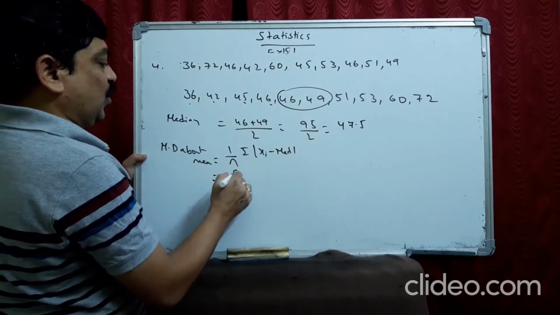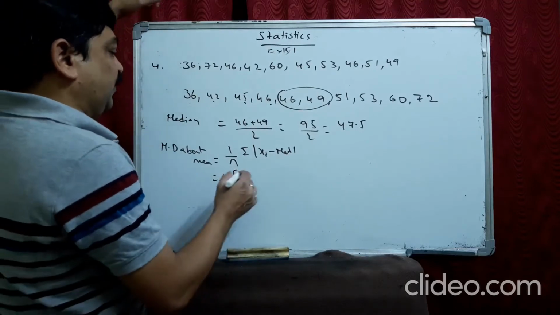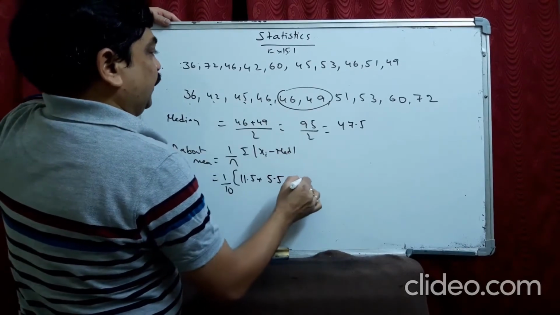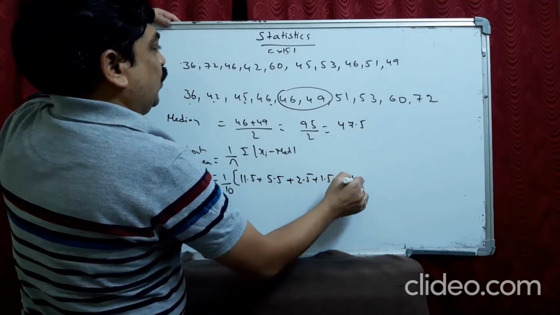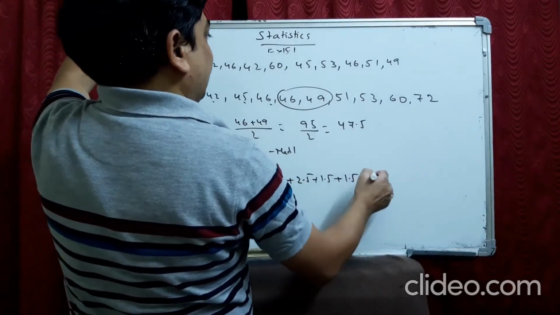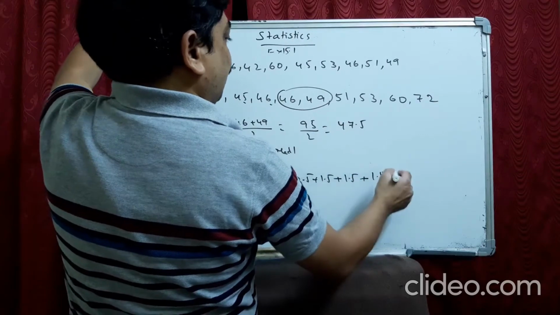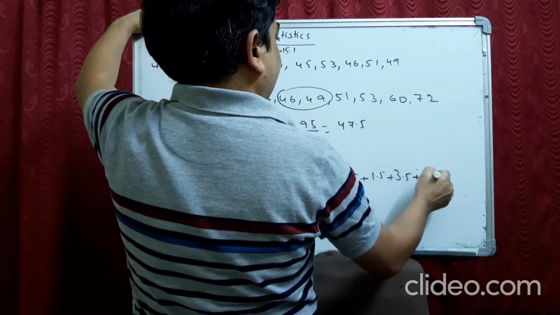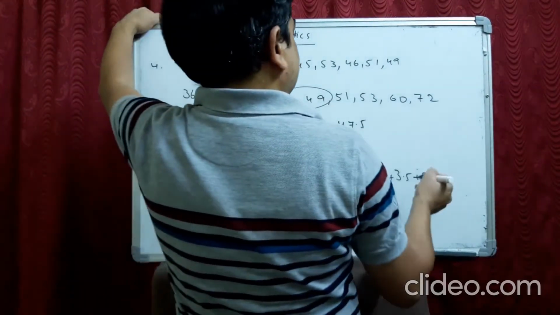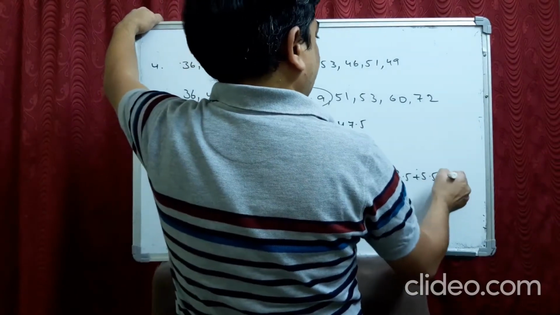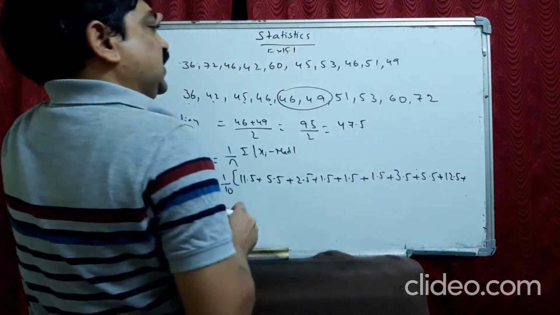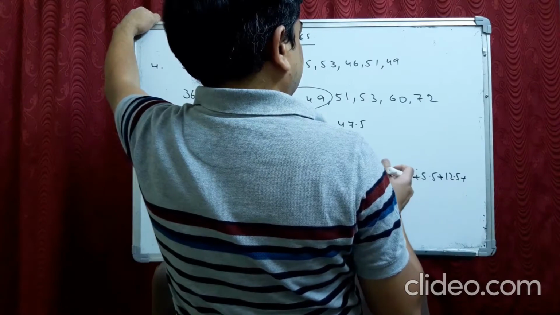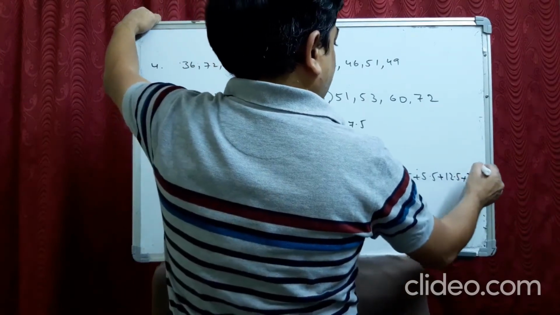So 1 by 10 of: 36 minus 47.5 is 11.5, then 5.5, 2.5, 1.5, 1.5, 49 minus 47.5 again 1.5, 51 is 3.5, 3.5, and again 5.5, 5.5, then 2.5, 12.5, and 72 minus 47.5 is 24.5.